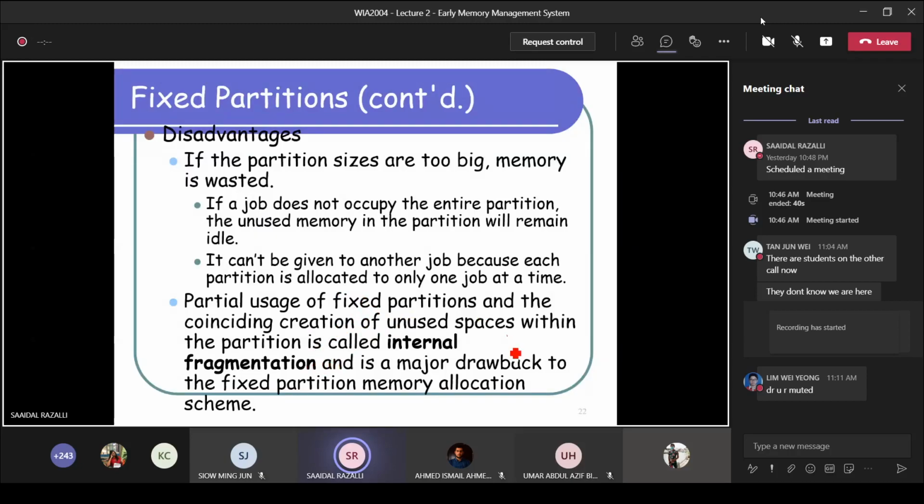To recall, partition 1 is 100K but uses only 30K, so this unused segment is internal fragmentation. It's a major drawback of the fixed partition memory allocation scheme. This internal fragmentation is wasted unused memory, not efficient memory management.